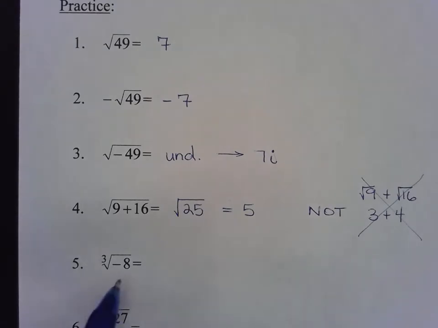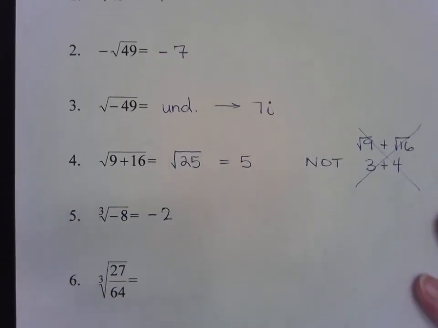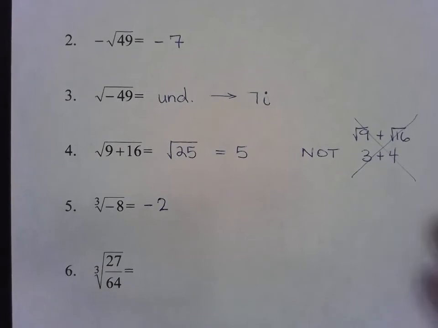We just did the cube root of negative 8. Sorry, I spoiled that one for us. What about the cube root of 27 over 64? I can break up the root over multiplying or dividing. So I could take the cube root of the top and the cube root of the bottom.